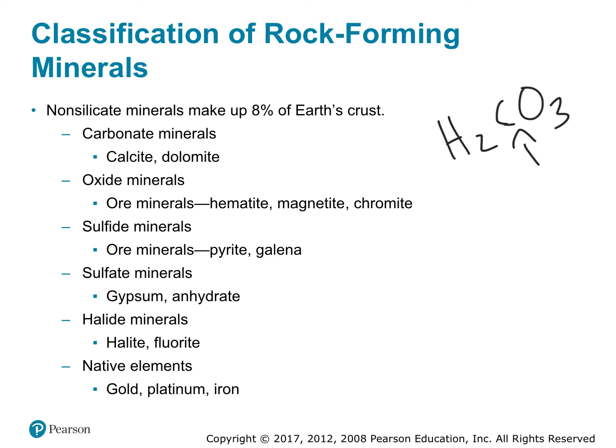What about the next on the list? Oxide minerals. Guess what? Those are minerals that contain oxygen. Some of the examples are listed here. I'm not going to go through all of these. I don't expect you to memorize these. But the main thing is that you can see that there are non-silicate minerals and there are different classifications of them. You can see sulfide and sulfate. That's kind of interesting.